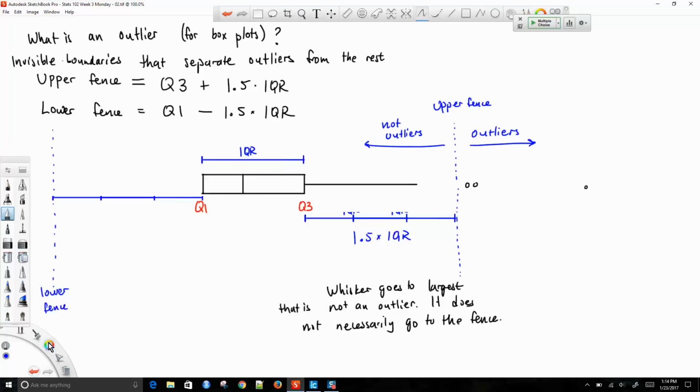And so, perhaps you don't have very much data down here. Maybe it goes down to here. Okay, I don't know, something like that. So here, that kind of sets this up.